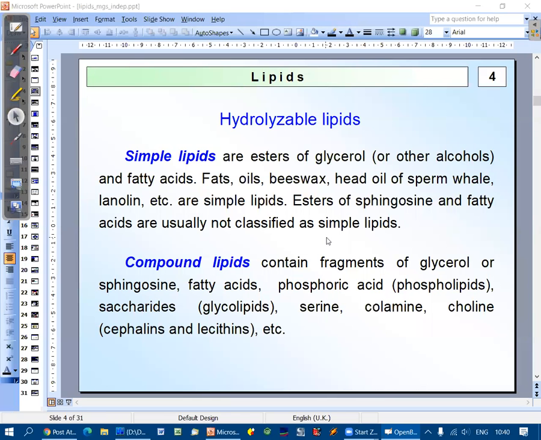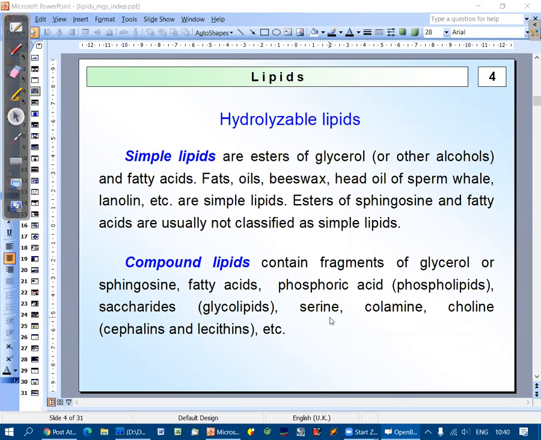But compound lipids, besides alcohols and residues of fatty acids, can contain the residues of phosphoric acid, sugars, amino alcohols such as cholamine, choline, and amino acids.